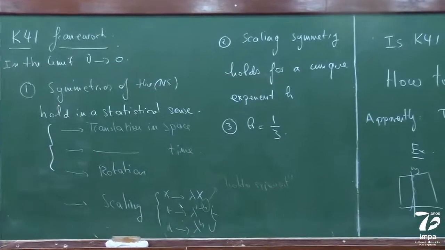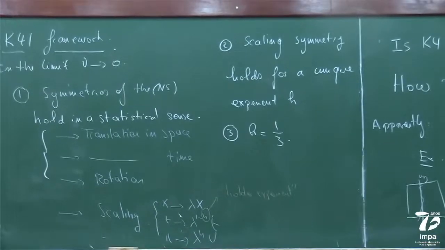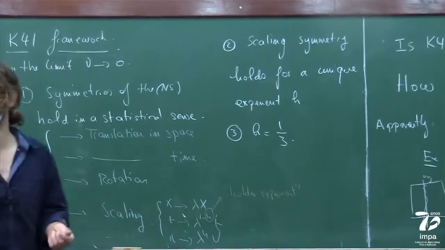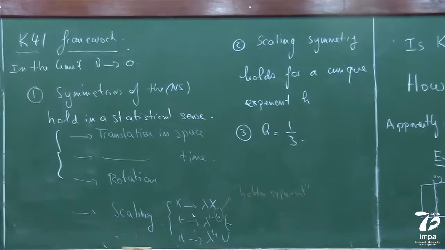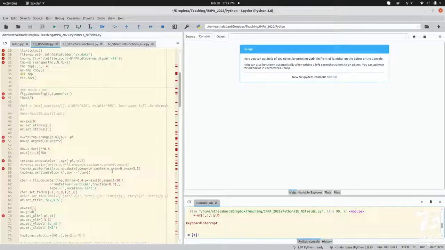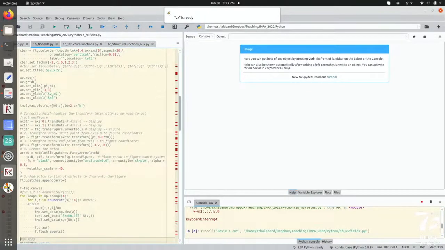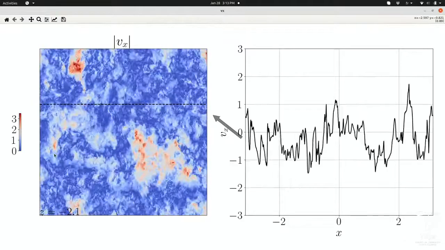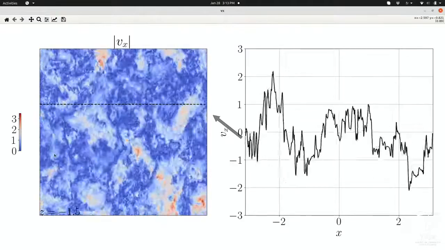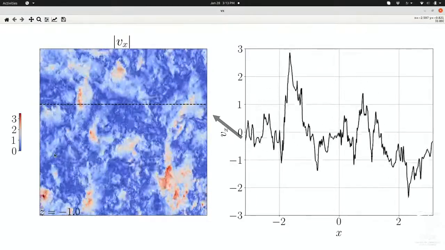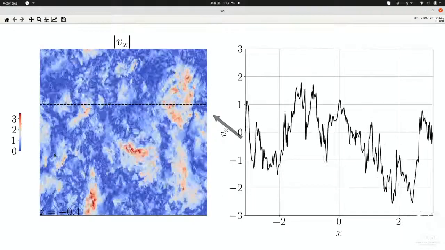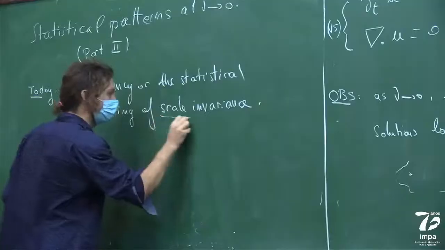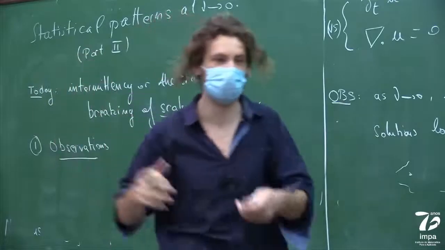But basically, what we have in mind is that statistics of the velocity field, such as the ones we saw yesterday, do not depend on the scale at which it is looked at. So the important word, of course, is this concept of scale. We have to make it emerge.